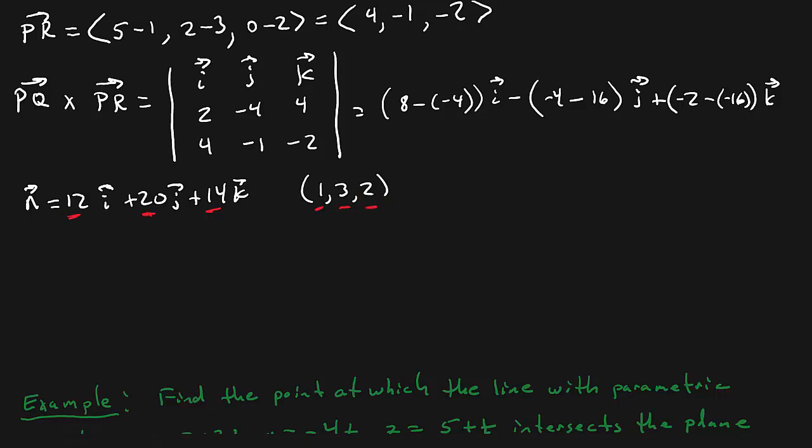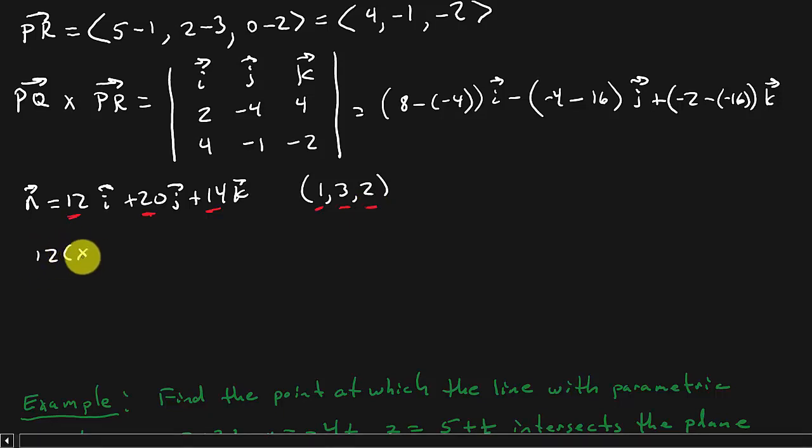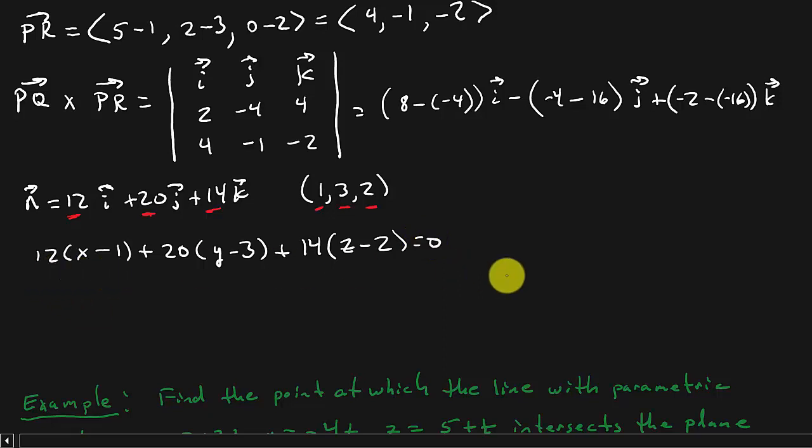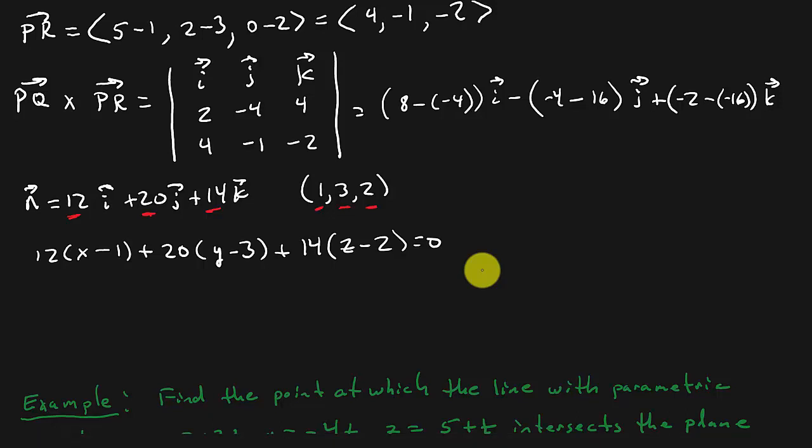And so we plug it in. So I've got A times x minus x0 plus B times y minus y0 plus C times z minus z0 equals 0. And then I'm going to distribute, combine like terms, and since I'm running out of room, I'm going to leave a few steps out.